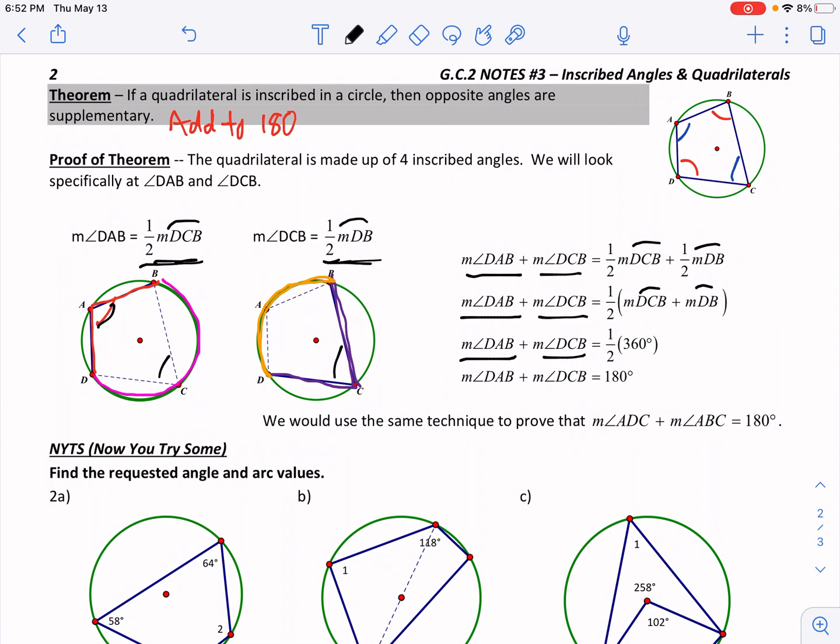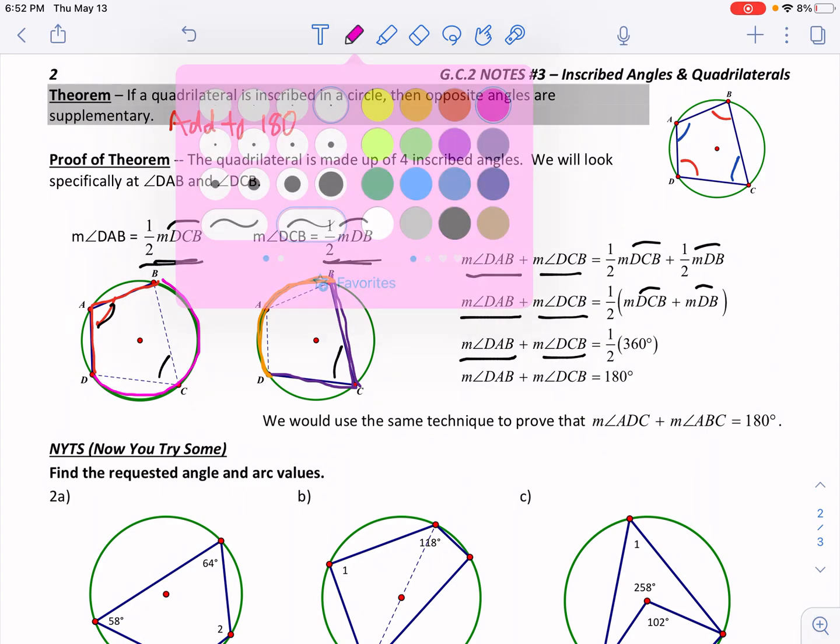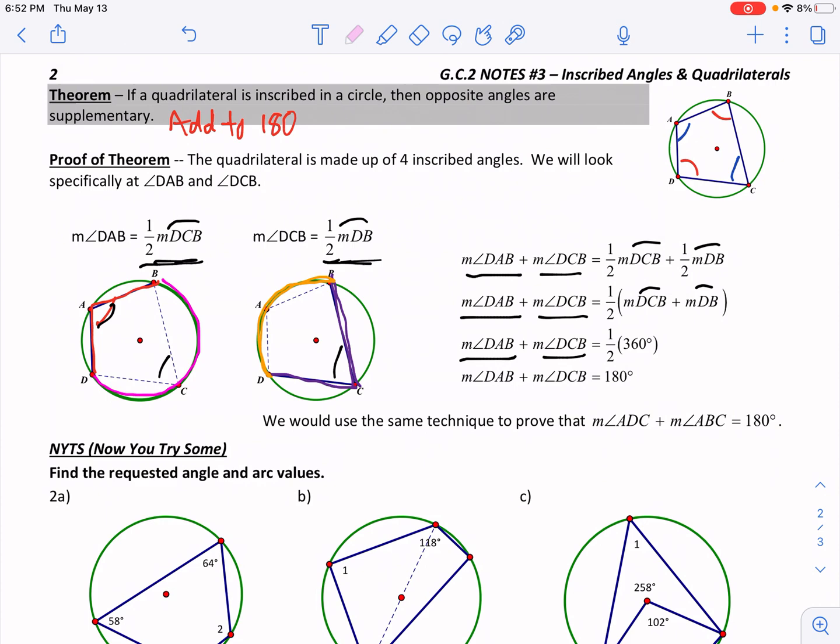Well, why are they saying 360? Well, if we take both arcs, this arc and this arc here, if we look at them both on the same circle, that's all the way around the circle, right? If I just go over here and trace out DAB, notice that goes all the way around a circle. Well, what's the arc measure all the way around a circle? 360 degrees.